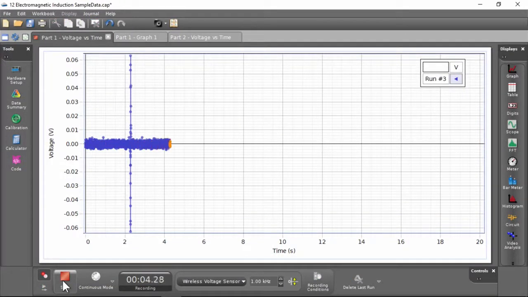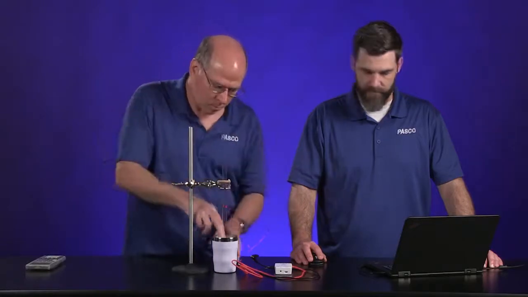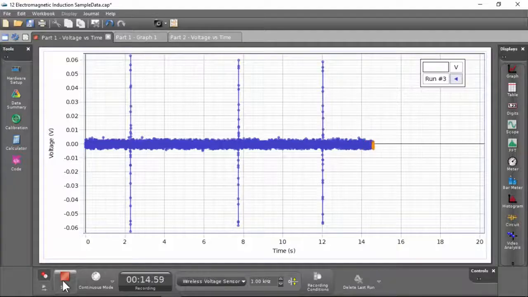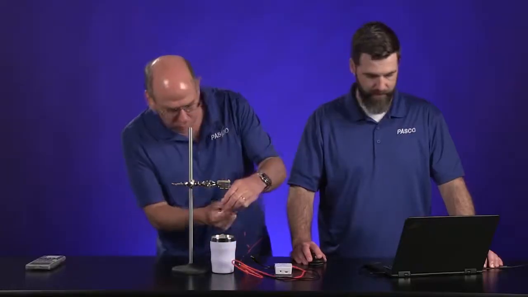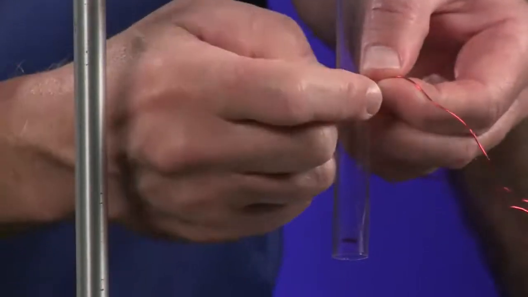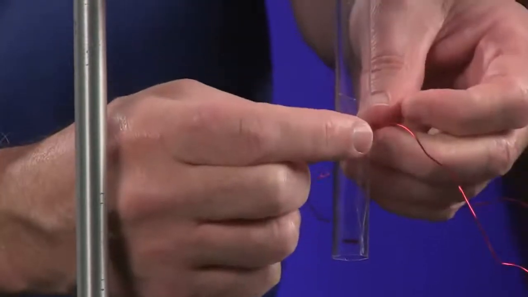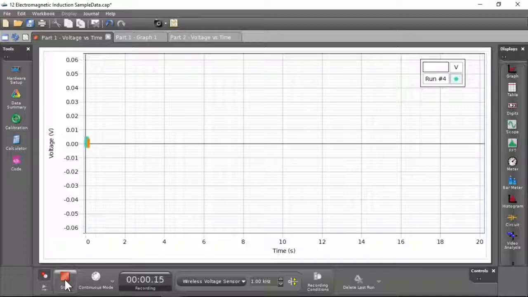Yep, and this one is taller than the previous. That's 4. That looks pretty good. So 3 loops, 4. All right, you ready? Ready.